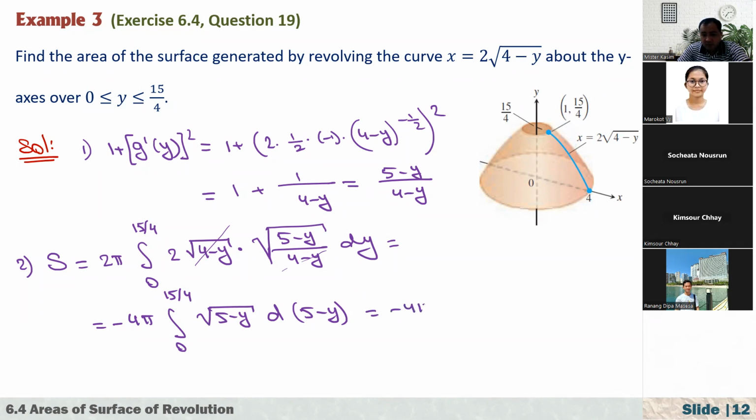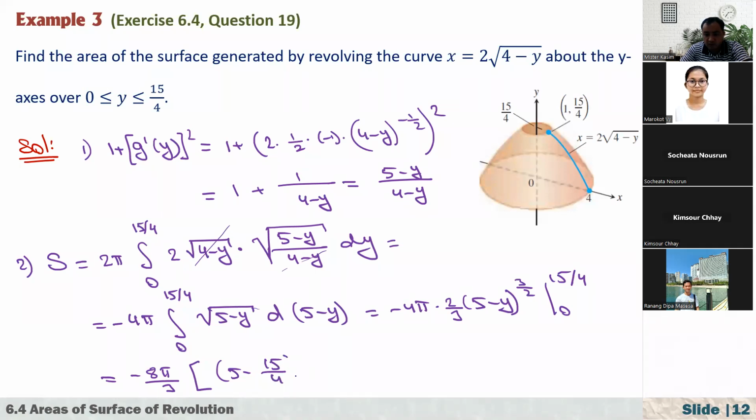Now I can integrate with respect to 5 minus y: 5 minus y to the power of 1 over 2 plus 1, that is 3 over 2, so we have 2 over 3, changing from 0 to 15 over 4. So here we have minus 8 pi over 3. When it's 15 over 4, we have 5 minus 15 over 4 to the power of 3 over 2, minus, when it is 0, just 5 to the power of 3 over 2.